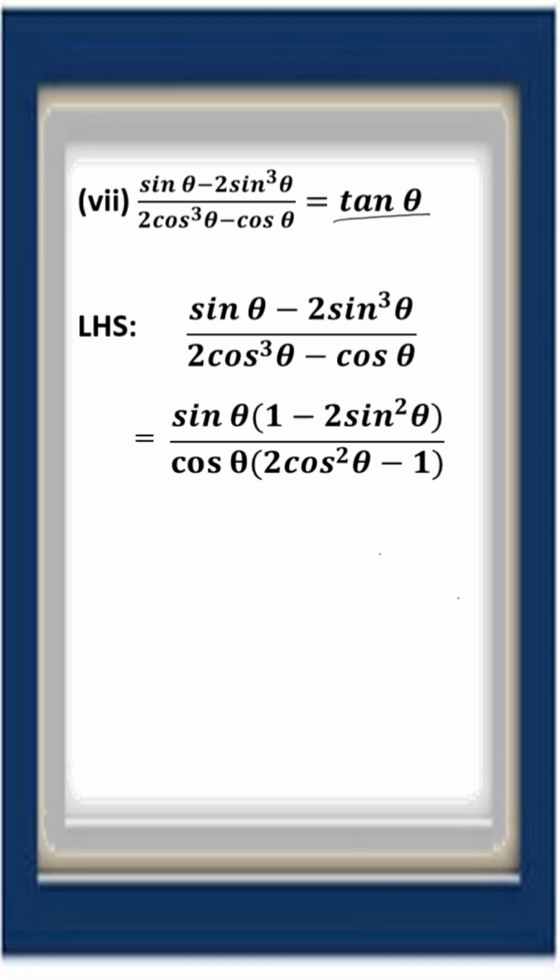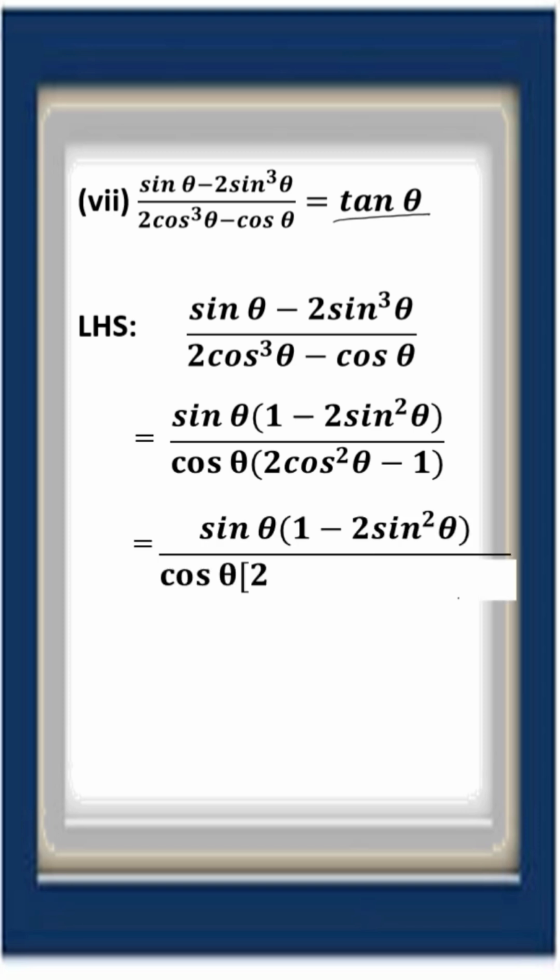Now let us retain the numerator as such and convert the denominator. So let us convert cos square theta into 1 minus sin square theta. Put the bracket correctly. Minus 1. Now let us remove the bracket here. Simplify this one. And let us retain all the other things.